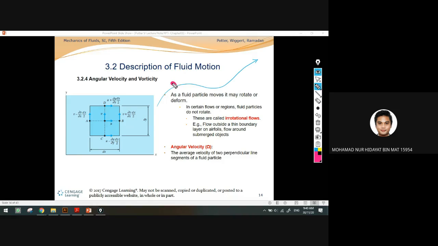This is the motion of fluid. Remember, when the fluid is in this direction of motion, for example, we consider this the fluid motion. Normally we consider the motion to be like this.